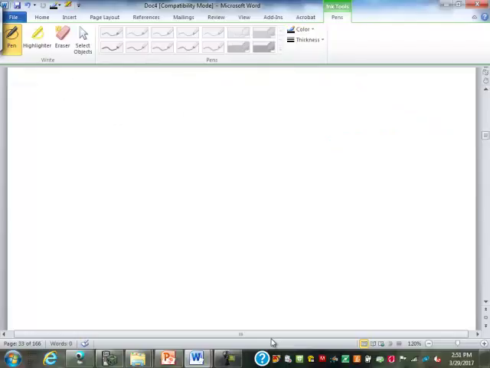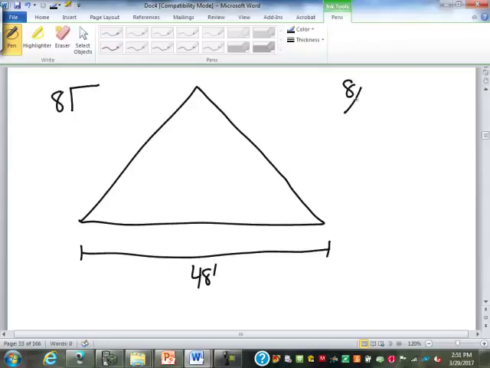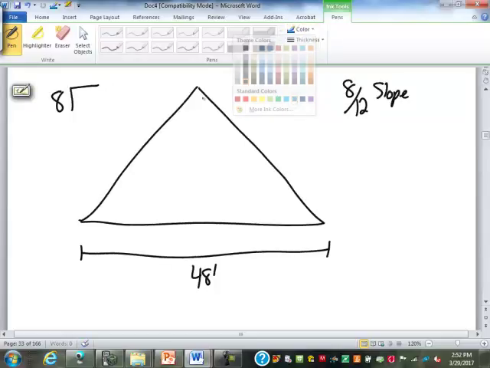So how about if we have a roof that has a span of 48 feet and an 8/12 slope. What's the height of this going to be?